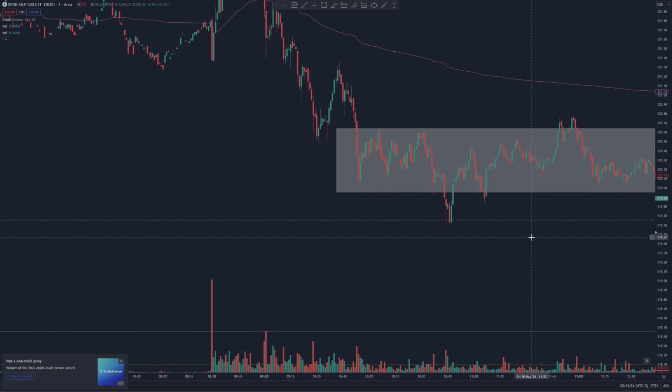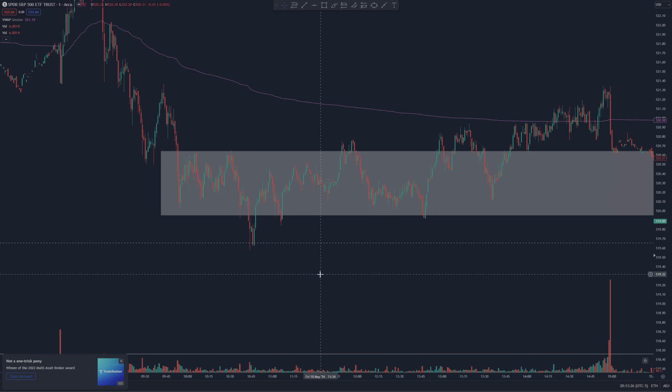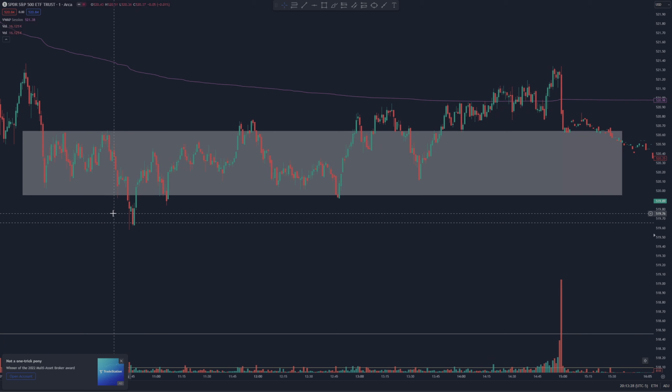So I do like the way that it held this range, and it was a decent range. It was 519.94 to 520.66. So what is that, like $1.50, $1.60, about $1.70.